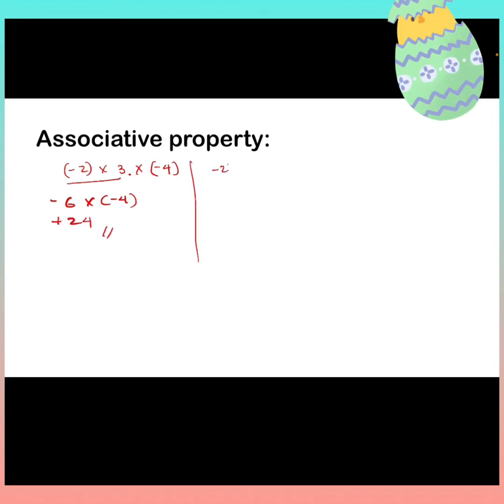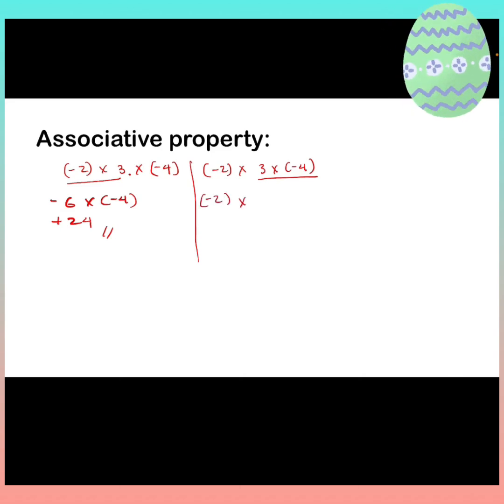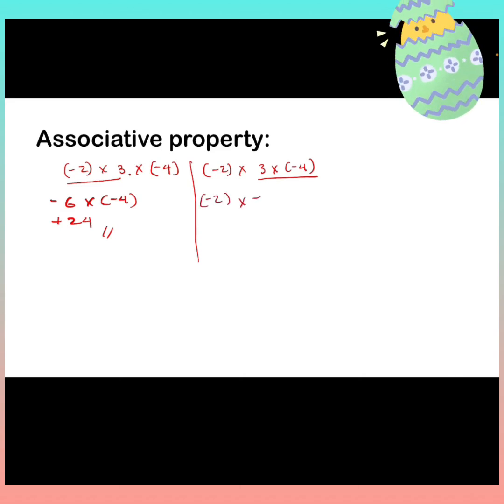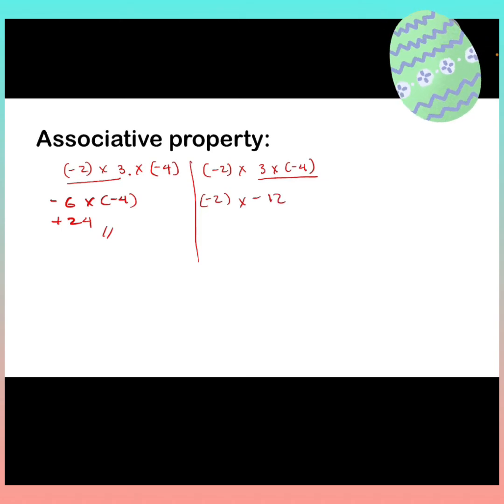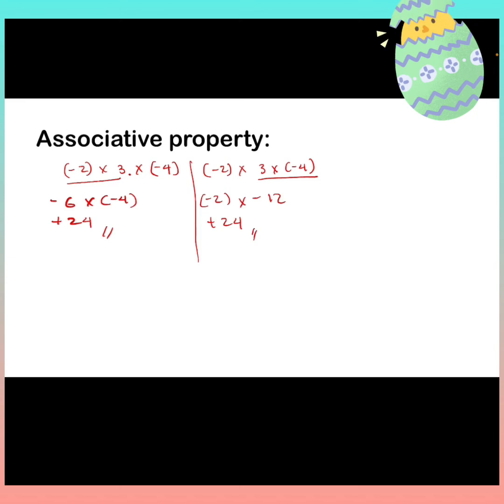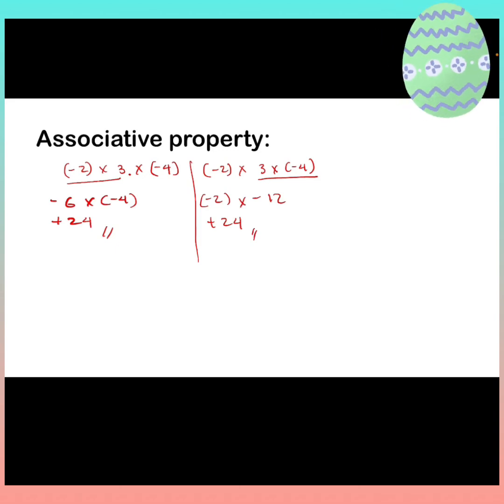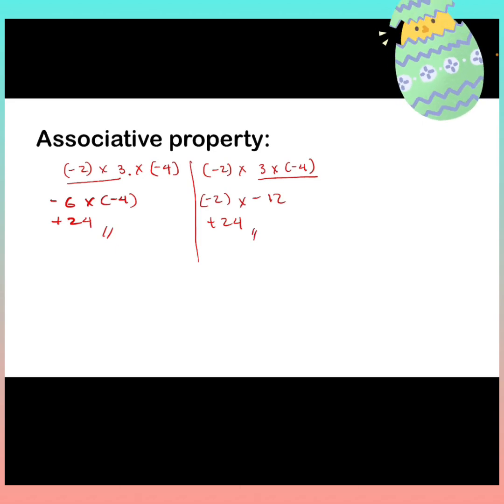And if you choose to multiply these two first, negative 2 times positive... sorry, negative 4 times 3 is negative 12, right? Negative times negative is positive, 12 times 2 is 24. So either way you are going to get the same product. It's up to you how you choose to multiply. This is called the associative property.